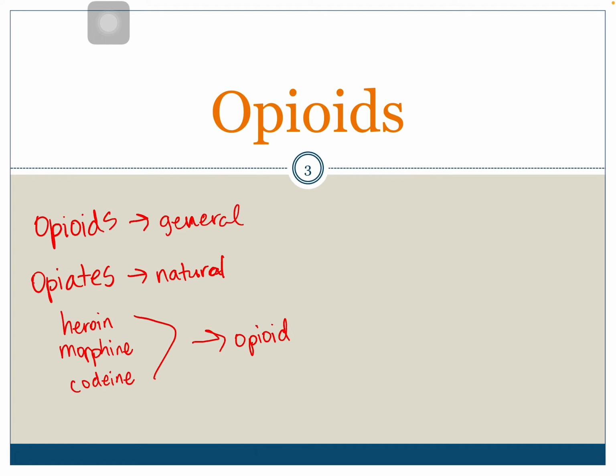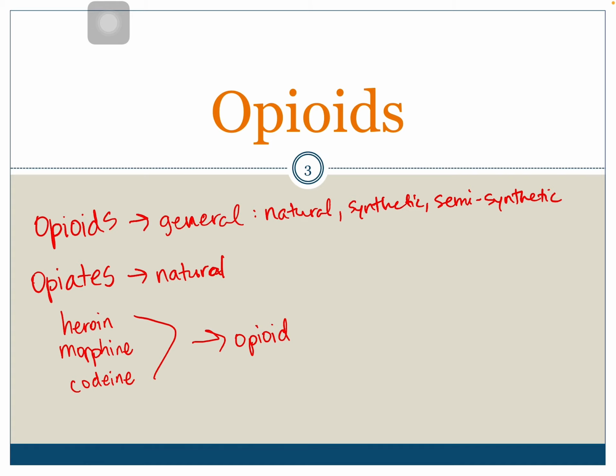So opiates are very specific, naturally occurring opioids, whereas opioids is a general term that refers to natural opiates, but also synthetic and semi-synthetic opioids. So an opiate is an opioid, but not all opioids are opiates.